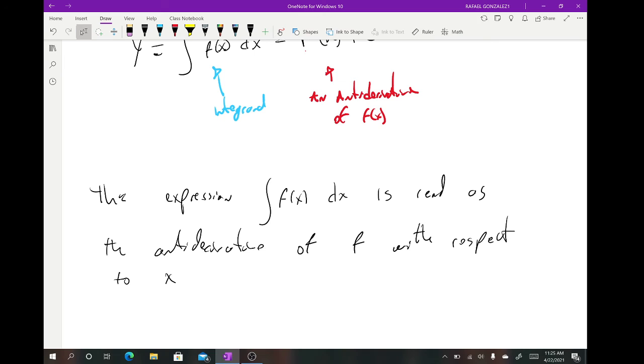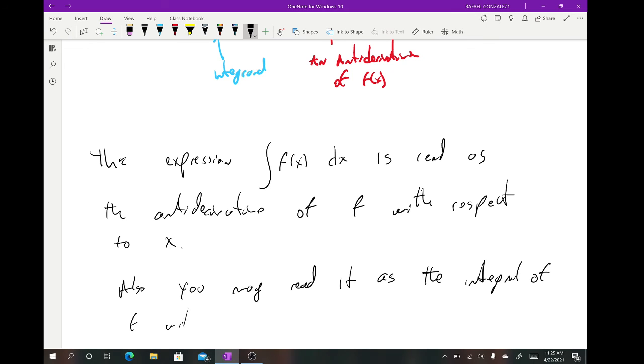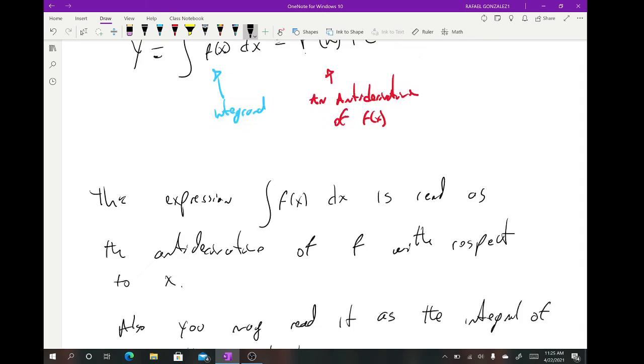Sometimes you also hear the integral, so you may read it as the integral of f with respect to x. You will hear both. So this is what we call the antiderivative.